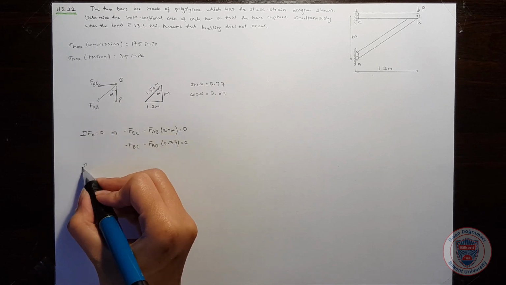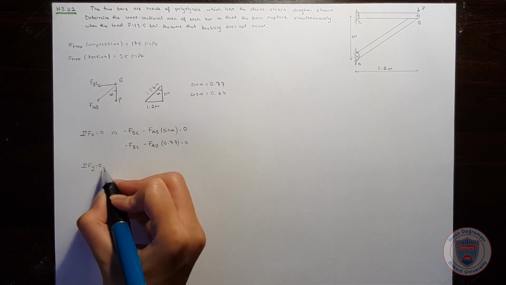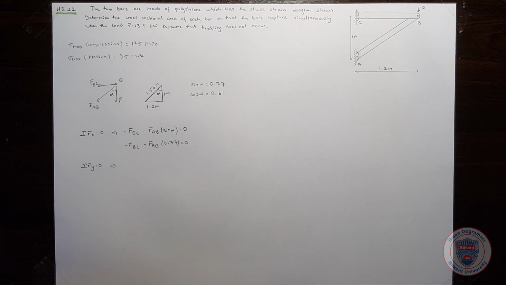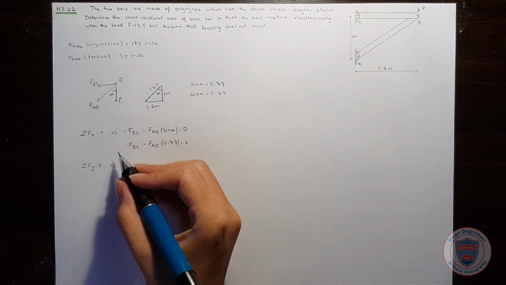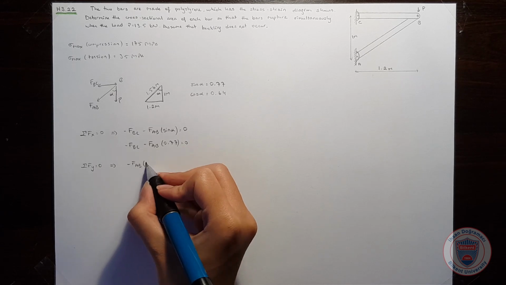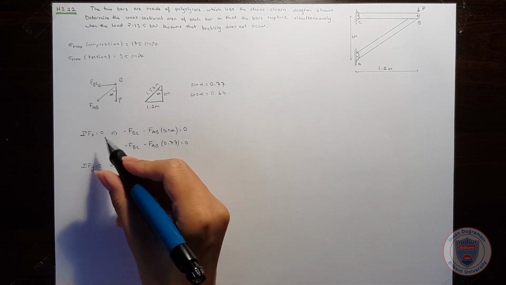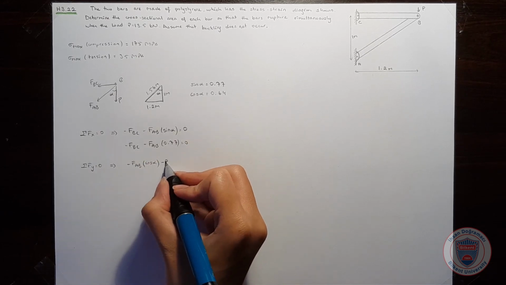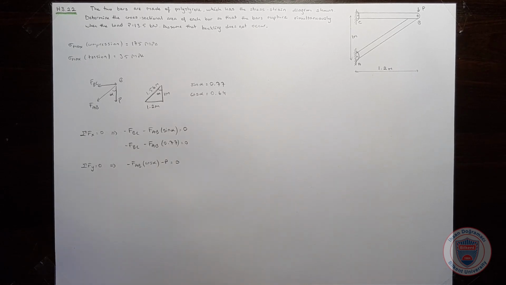Similarly, the sum of forces in the y direction will also be 0. And we have minus FAB times cosine alpha minus P in the y direction.